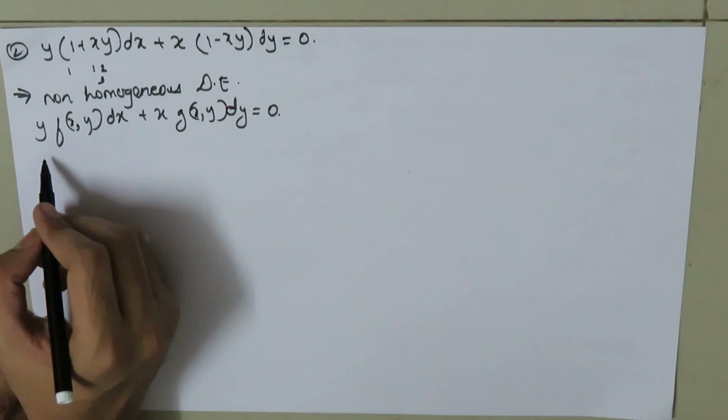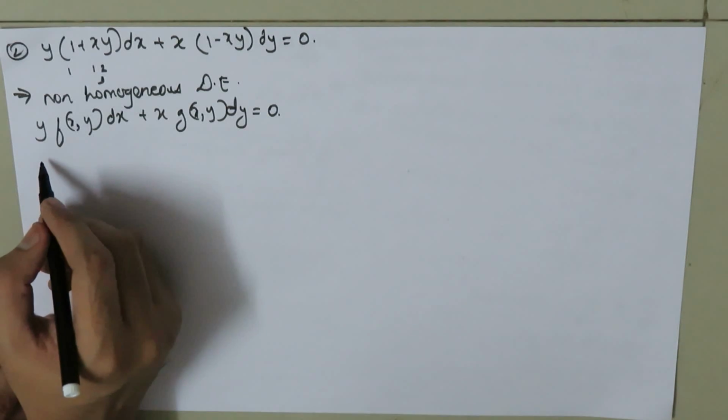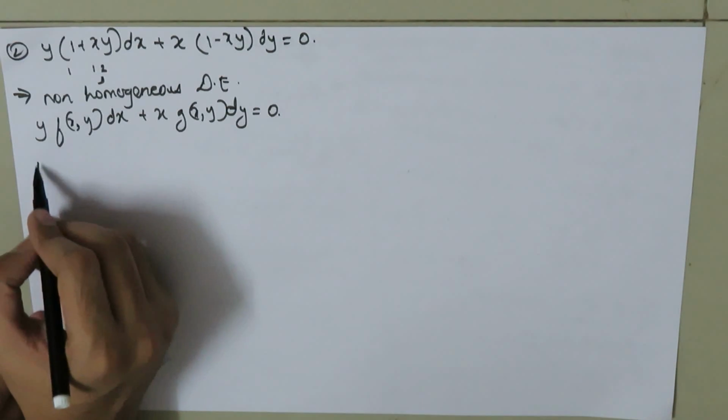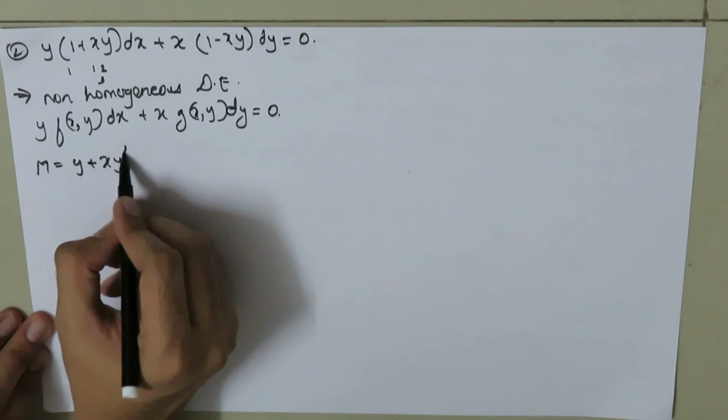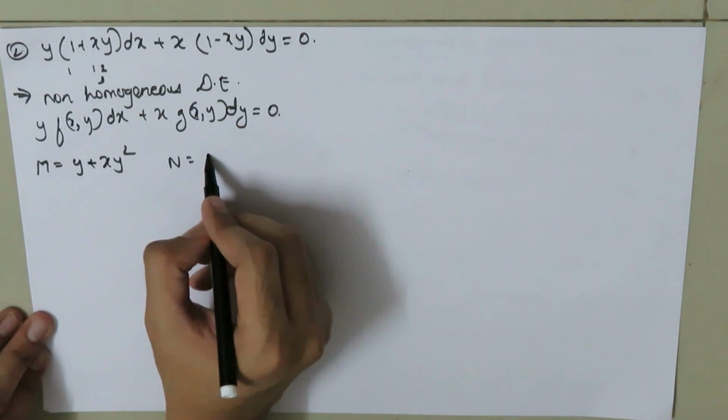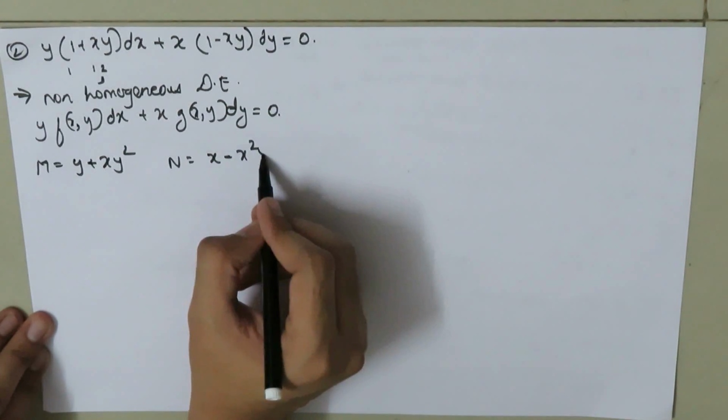So let's see whether this equation is exact or non-exact. M will be equal to y plus x y squared, and N will be equal to x minus x squared y.